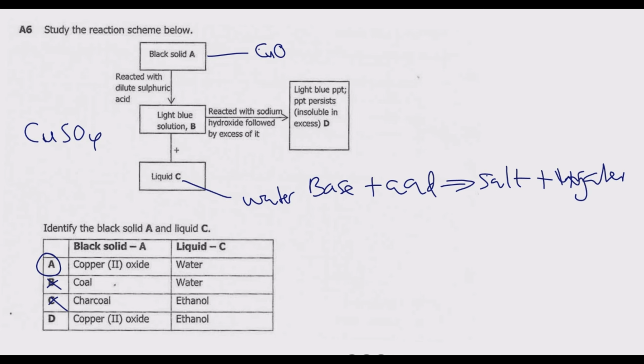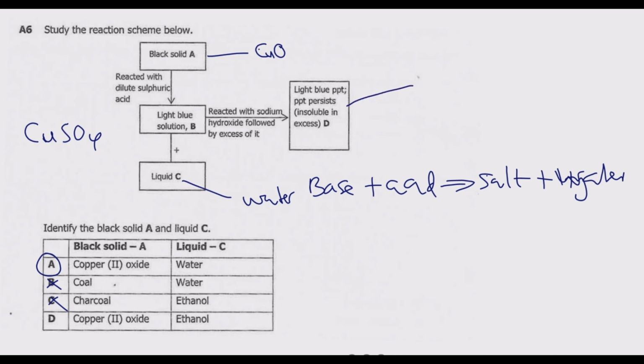Perhaps someone would be interested to know what D is in case the question came. So you know that this is a light blue precipitate. So this is the effect of sodium hydroxide on copper ion.